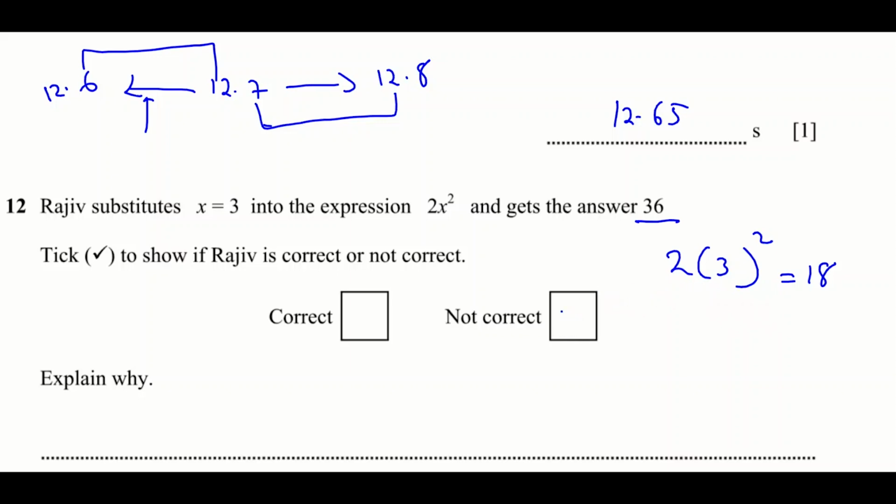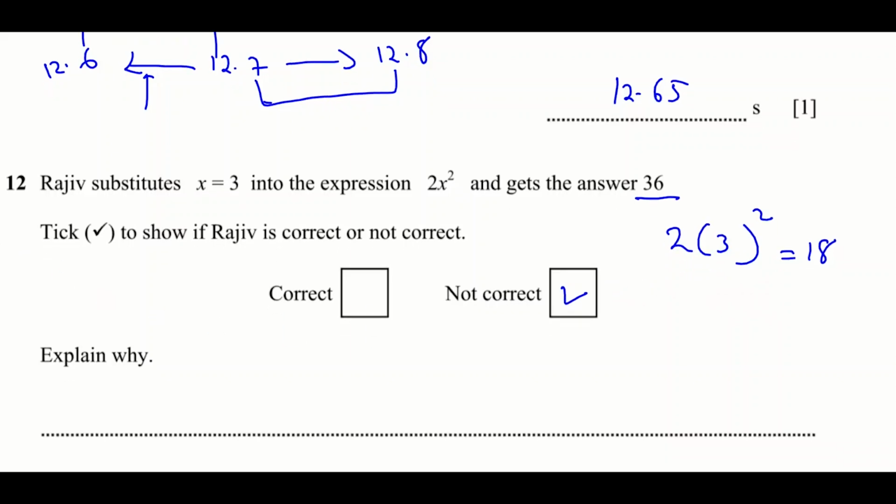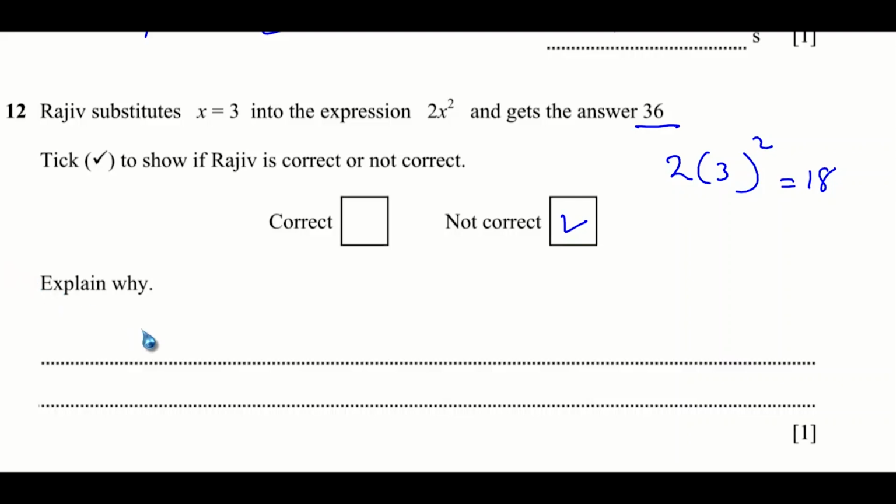So this is not correct, and we must explain why. You can say Rajiv did not follow the order of operations, that is BIDMAS or BODMAS.